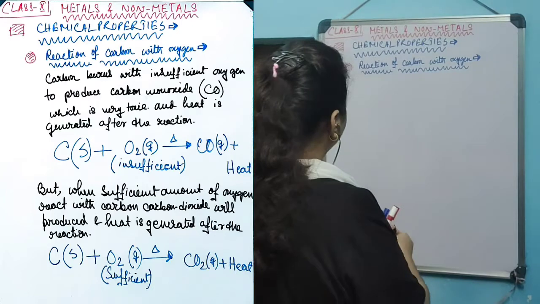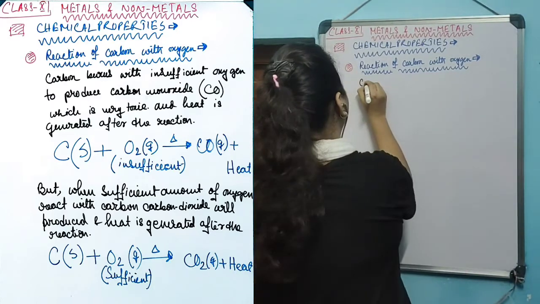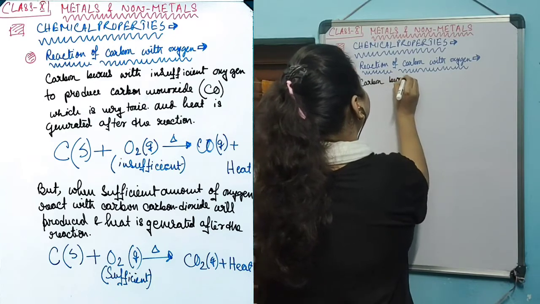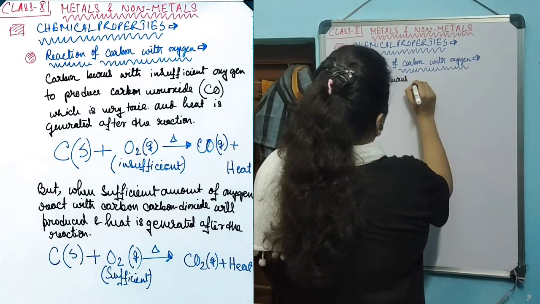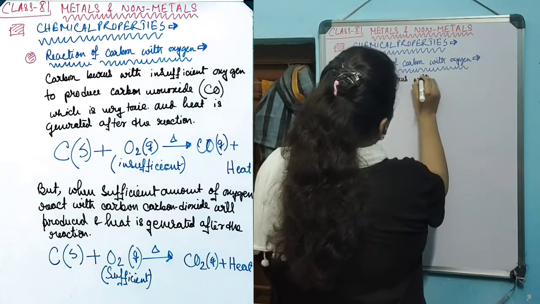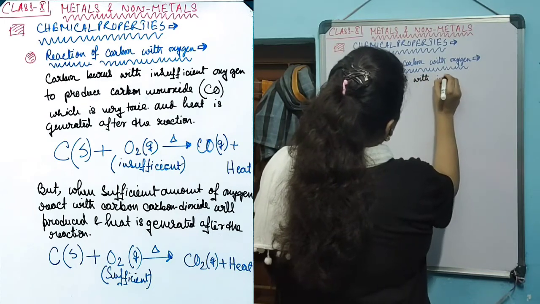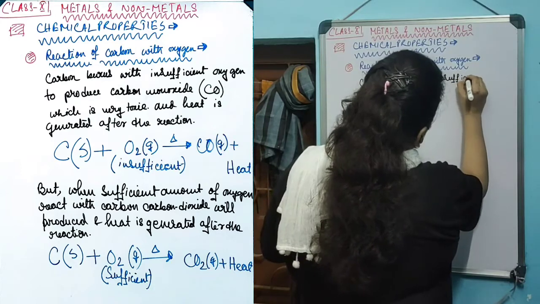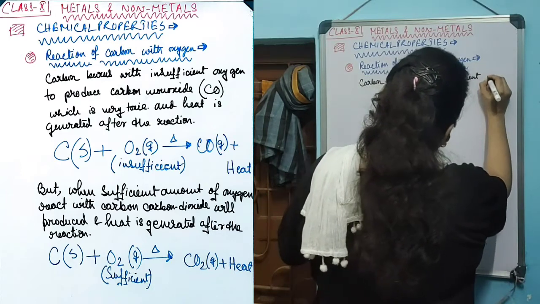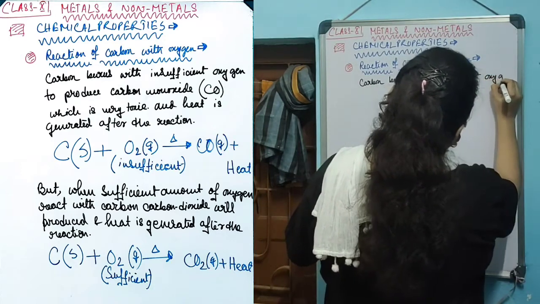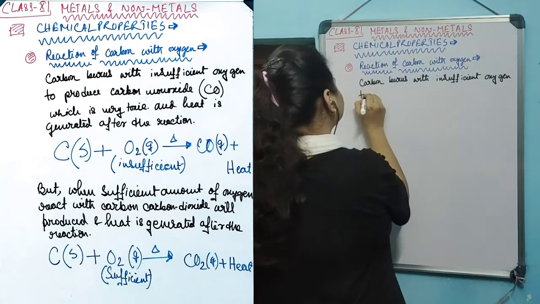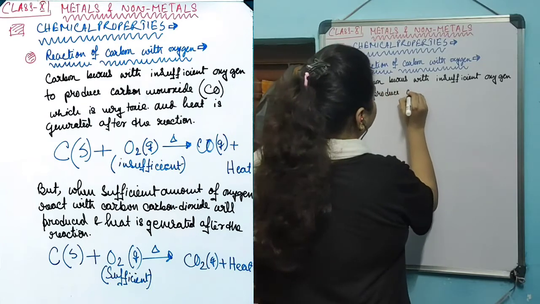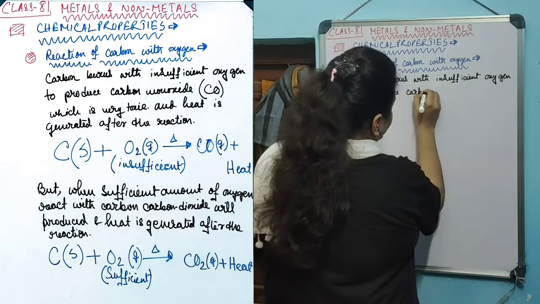Initially, carbon burns with an insufficient amount of oxygen to produce carbon monoxide.